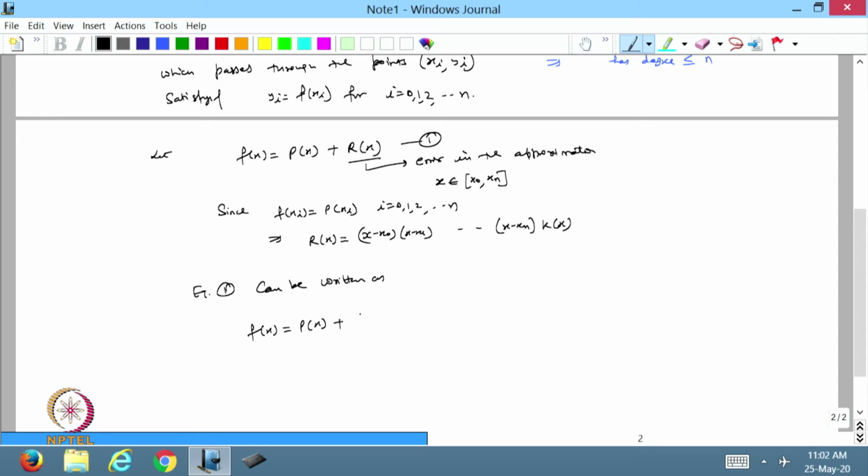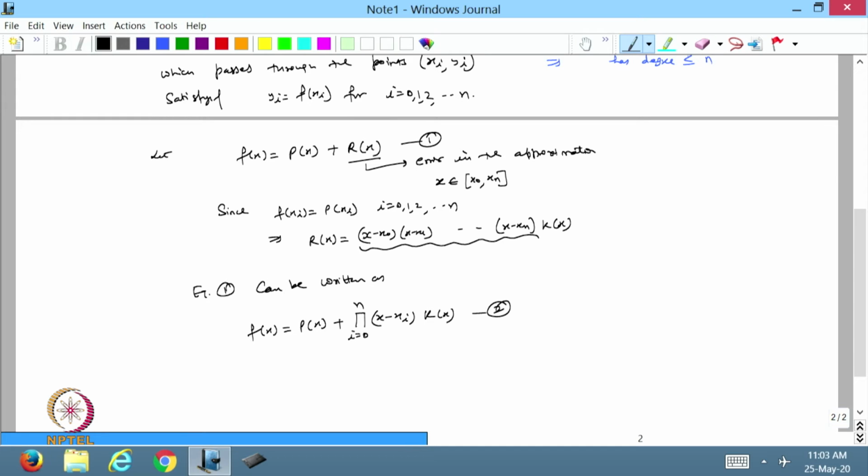This factor is a multiplication of all these factors, so I can write this as the product of (x minus xi), where i is moving from 0 to n, where this is the sign of multiplication, into k(x). Now I call it equation number 2.